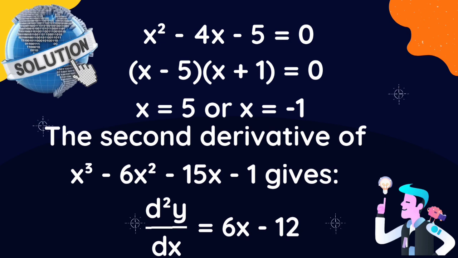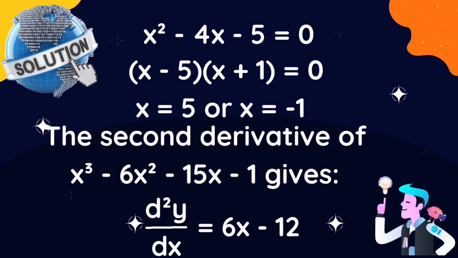And so you differentiate the original function 2 times, you differentiate it again, and when you do this, the second derivative of the function will be equal to 6x minus 12. That is, you differentiate the original function twice. And after differentiating the original function twice, you subsequently substitute the critical values into the function.